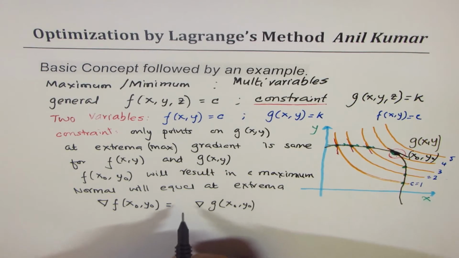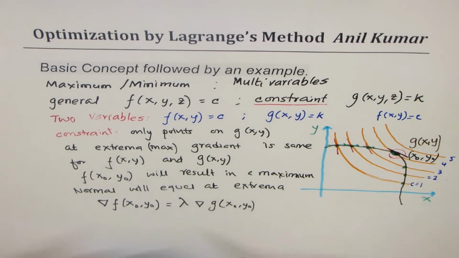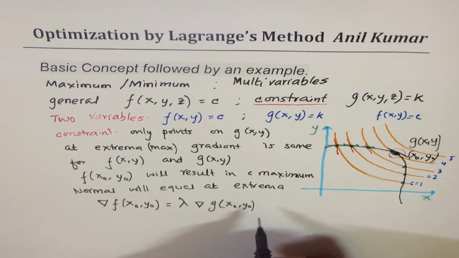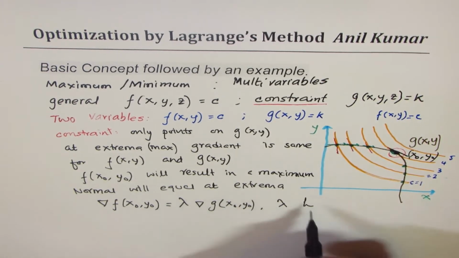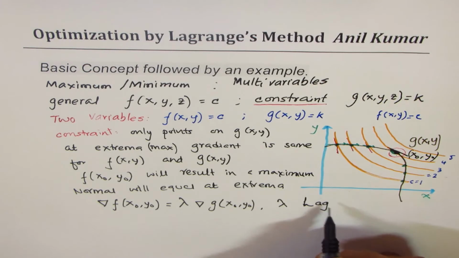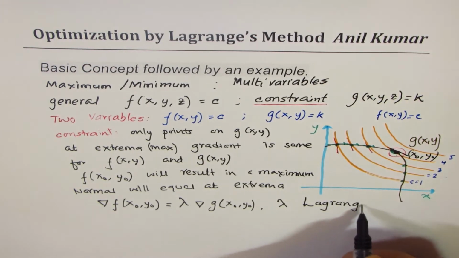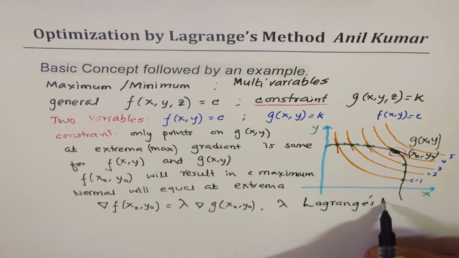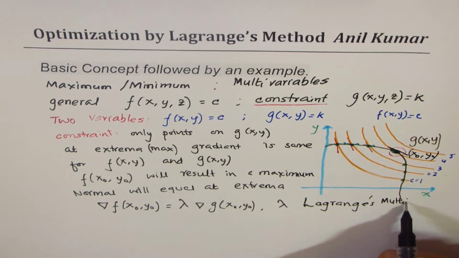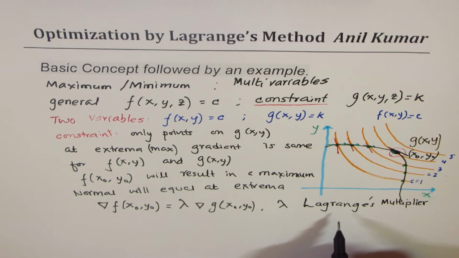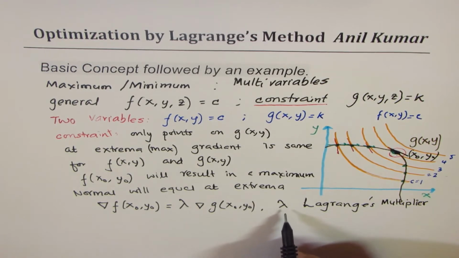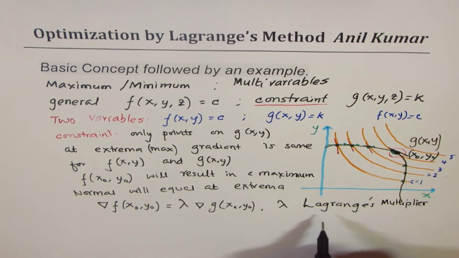To make them equal, we'll have a multiplier, a scalar multiplier, lambda, right? So this lambda is actually called Lagrange's multiplier. So if you correlate with what you've learned in vectors, it is a scalar multiplier, right? Lambda. So that's what it is.